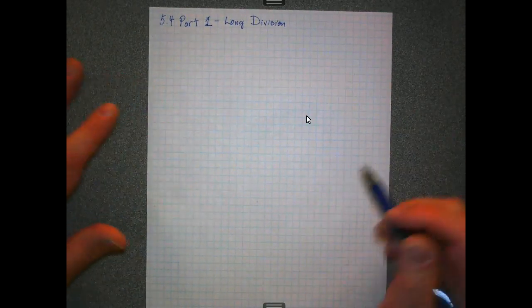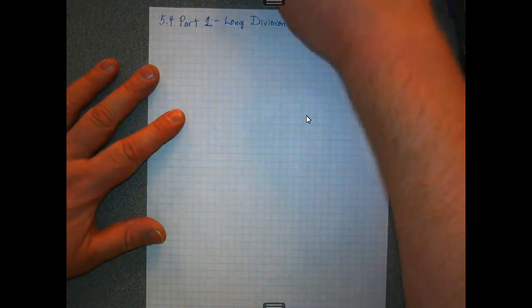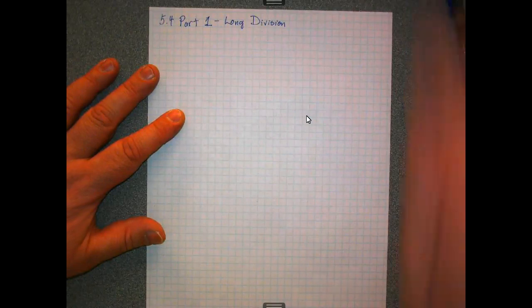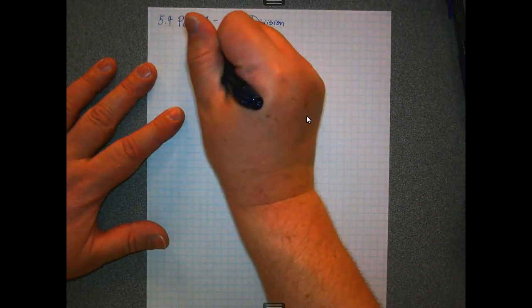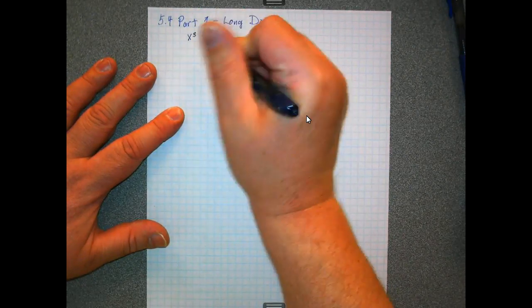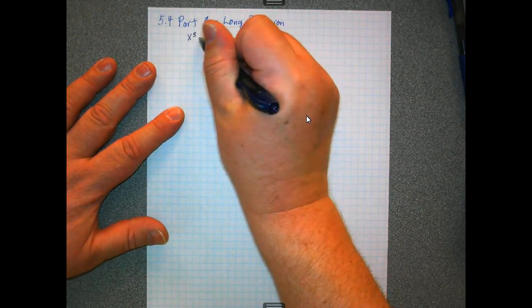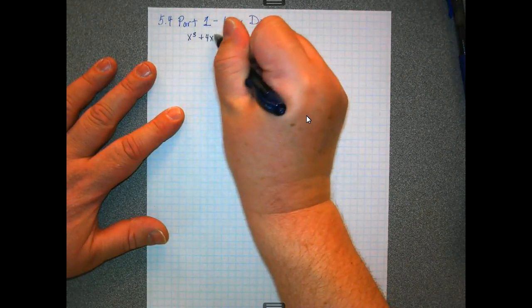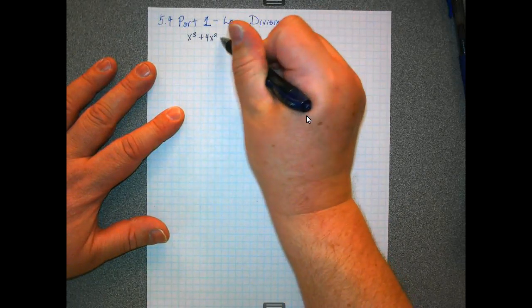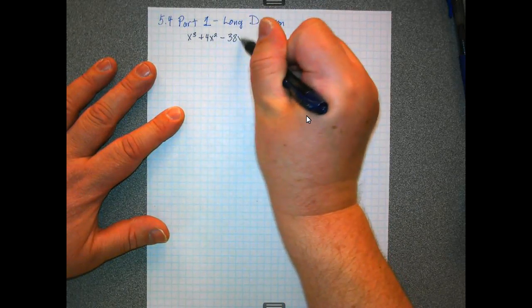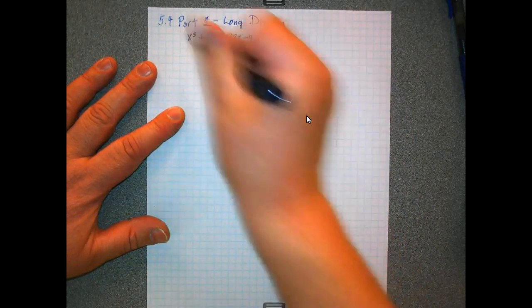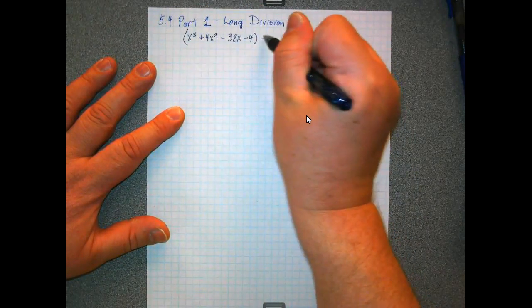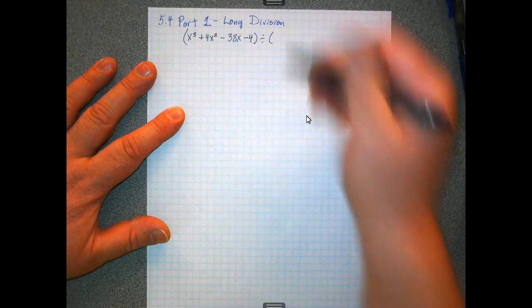All right, suppose I have the polynomial x cubed plus 4x squared minus 38x and minus 42. And I'm going to divide that by x minus 8.